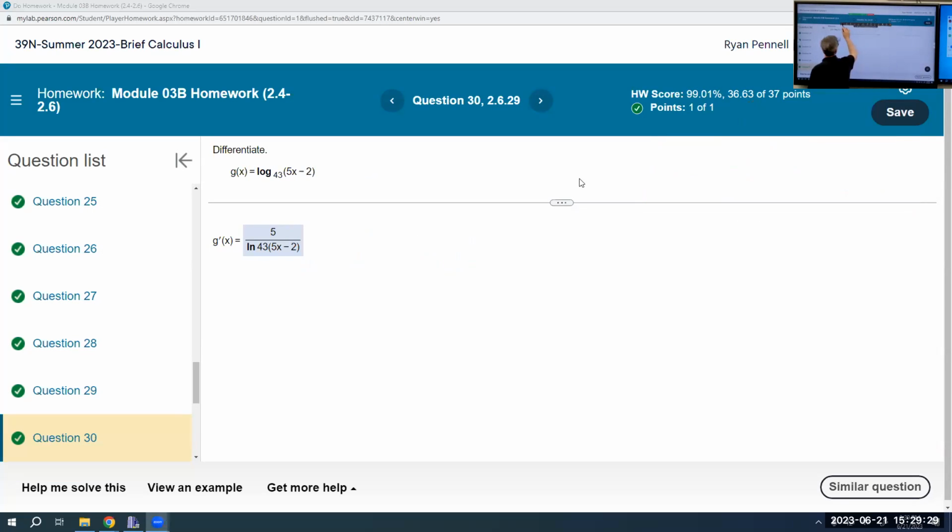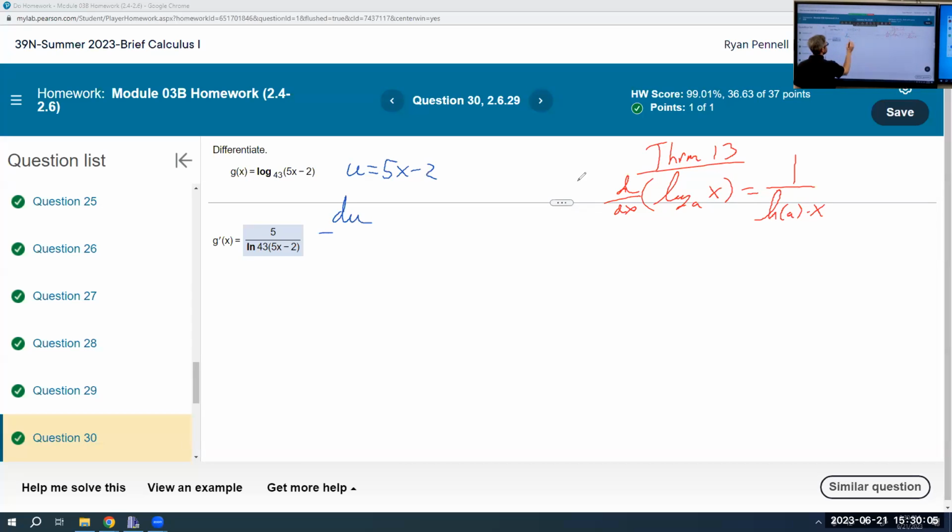We're kind of building on the last one. So theorem 13 says that the derivative d over dx of log base a of x is 1 over natural log of a times x. Need that for this one. I think for here, we're going to need to use chain rule. So I'm going to substitute u equals 5x minus 2. So du dx just equals 5.